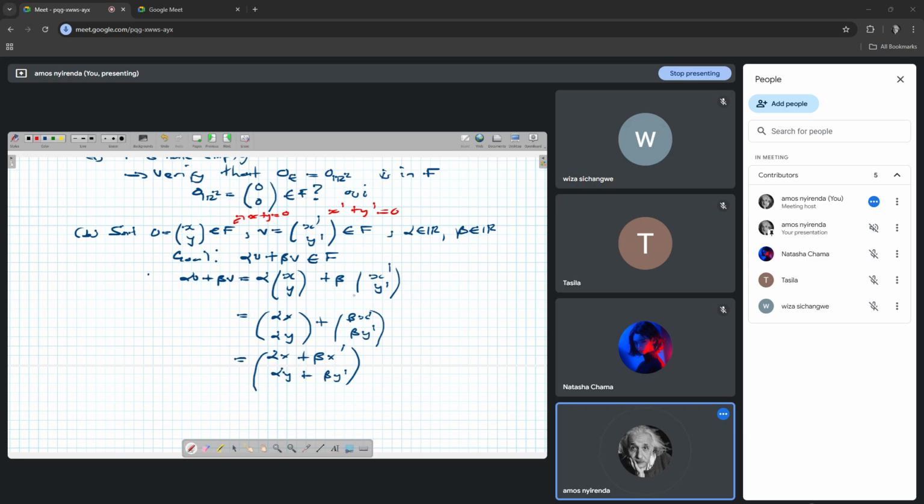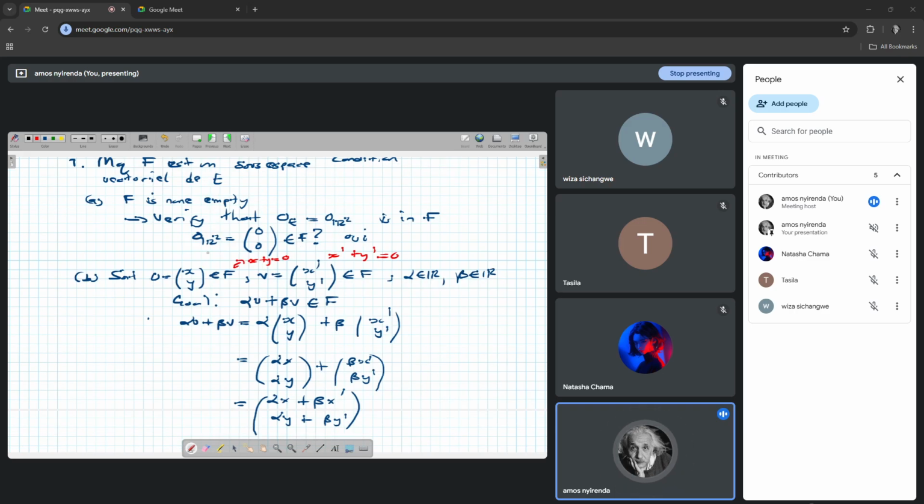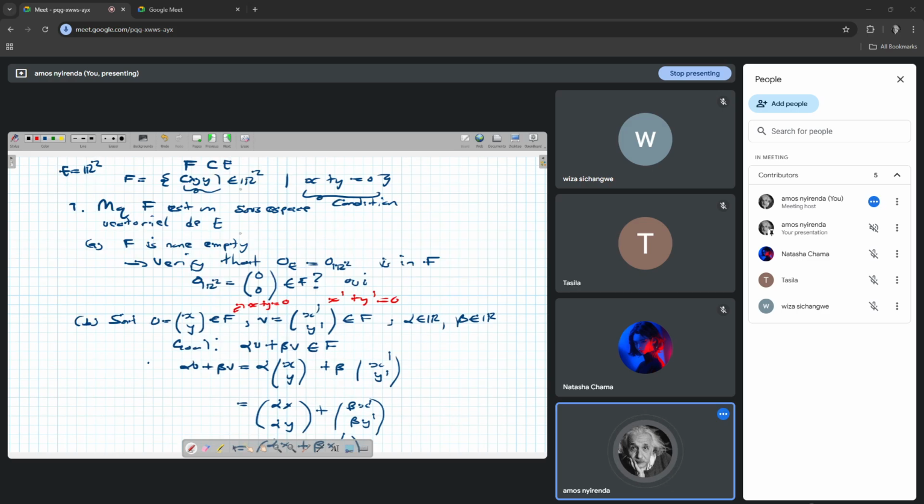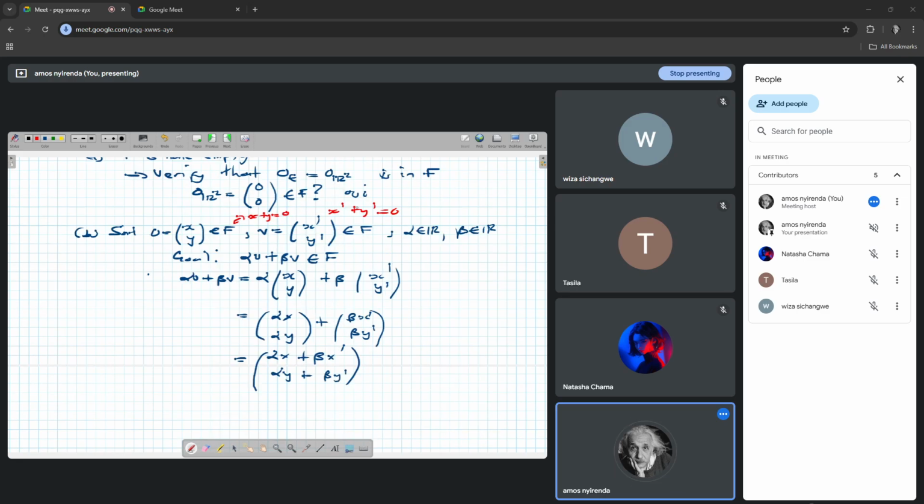Okay, so u, I repeat, u is a member of the set F, which means it satisfies this condition that we have here. So the components x and x plus y is equal to 0. Same thing here, x prime plus y prime is also going to be equal to 0.